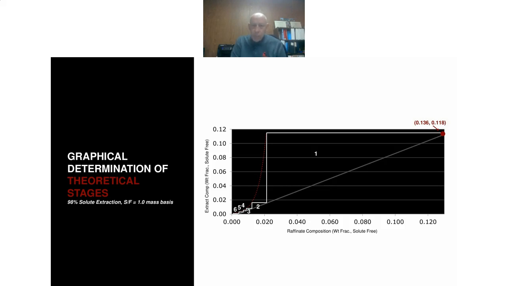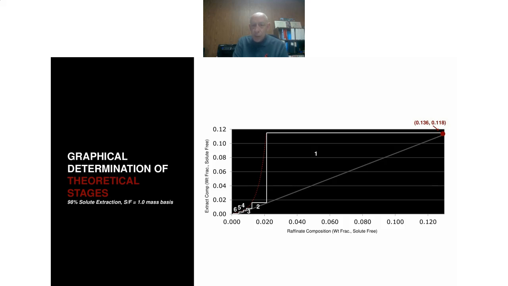So once we had that equilibrium curve, if we wanted to calculate how to get 98% extraction of our material at a solvent to feed ratio of 1, we would then, by material balance, determine what our operating line would look like. So the upper part here is where the feed comes in. You know what that is.